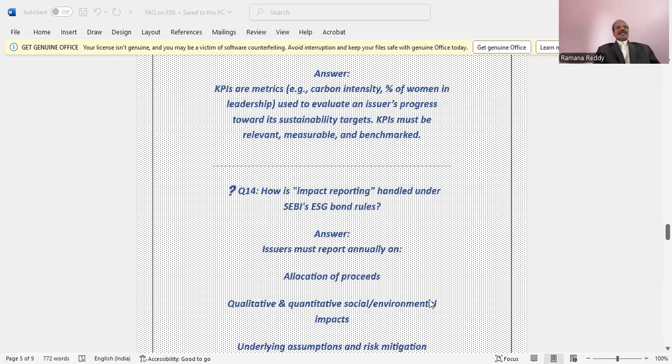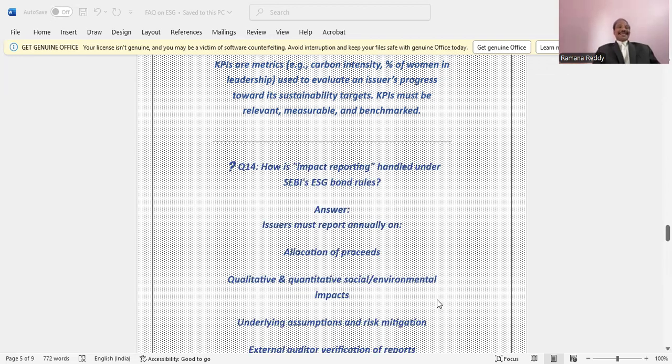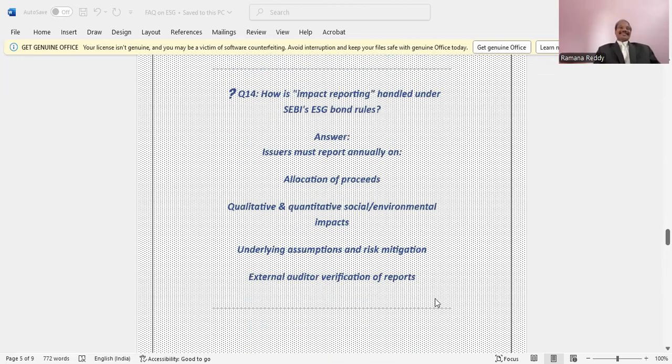Next question: how is impact reporting handled under SEBI's ESG bond rules? Issuers must report annually on allocation of proceeds, qualitative and quantitative social and environmental impacts, underlying assumptions and risk mitigations, and external auditor verification of reports.